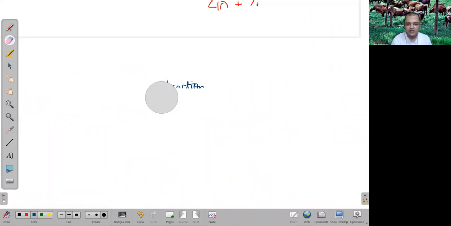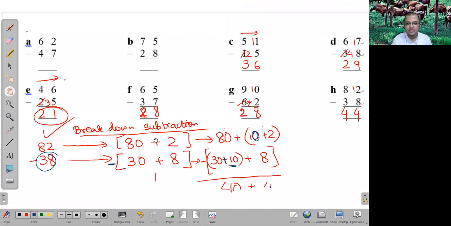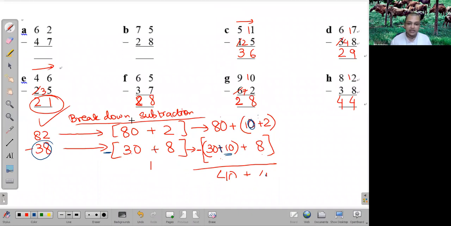But the interesting thing is, in my experience, I have hardly seen anyone even thinking about this: in addition, why do we carry over to the left side, or why do we borrow, what happens inside? I have not seen anyone asking, because we are getting the answer anyway, so how does it matter?